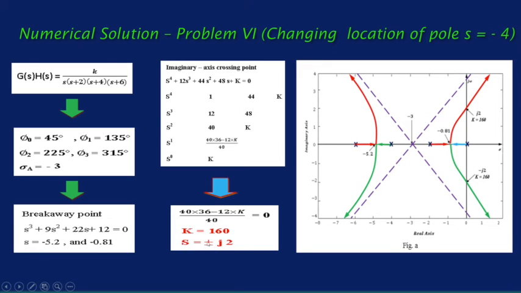Then we get s equal to plus or minus j2. That means if we change the location of the pole, then the value of gain K also changes. But this root locus crosses the imaginary axis, so for K greater than 160, this root locus is unstable.